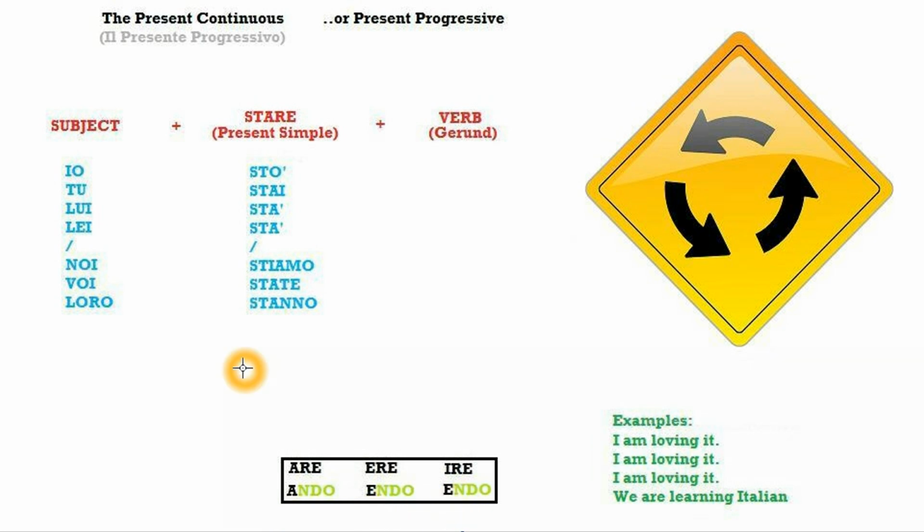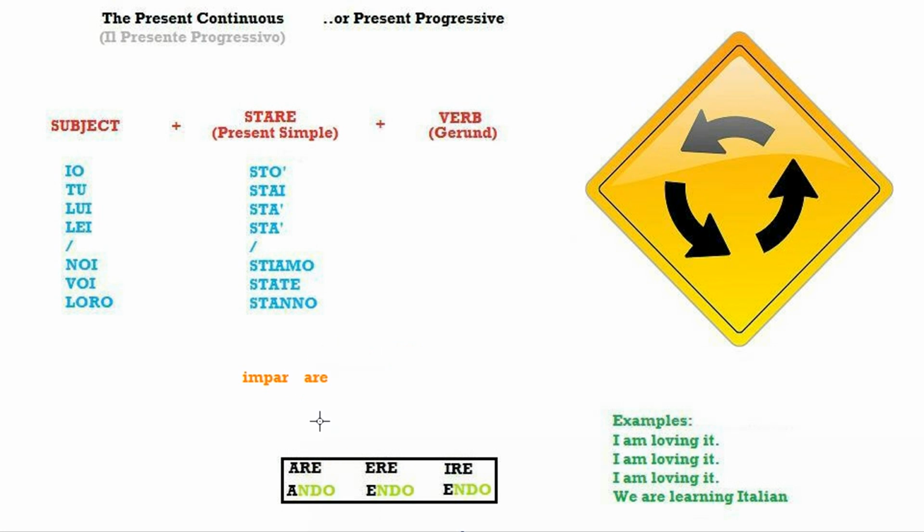So, for instance, we want to find the gerund form of the verb to learn. Now, the verb to learn in Italian is imparare. So what we do is we separate the stem, which is the root of the verb without the ending, from the ending, and we find out what type of verb this is.